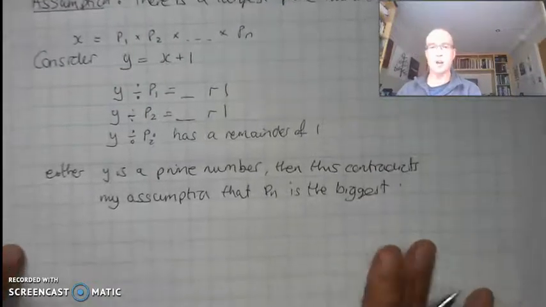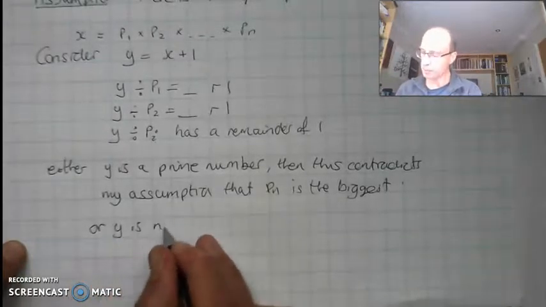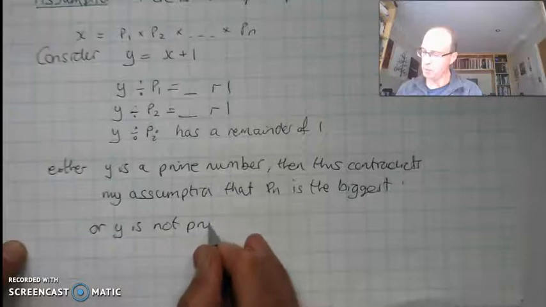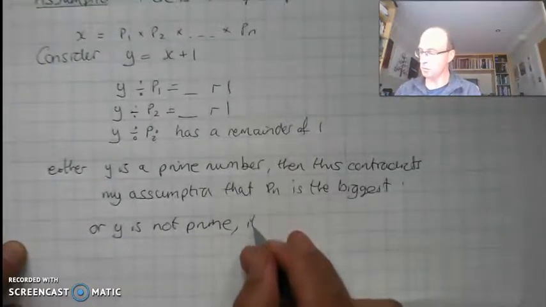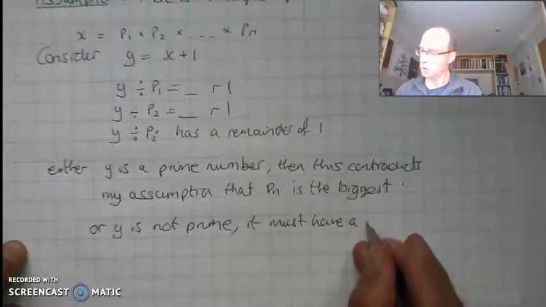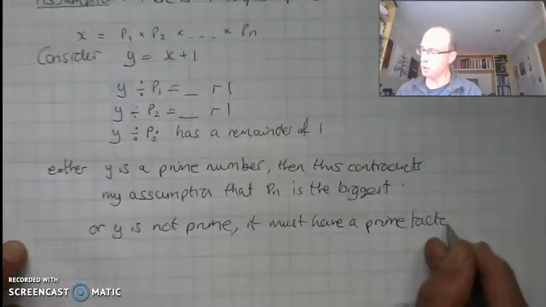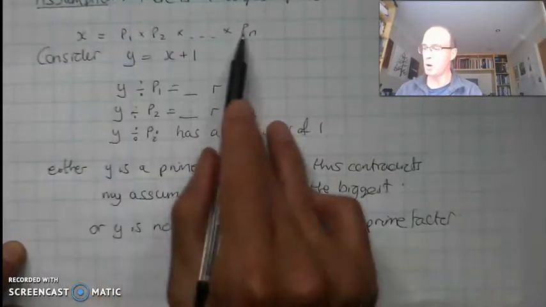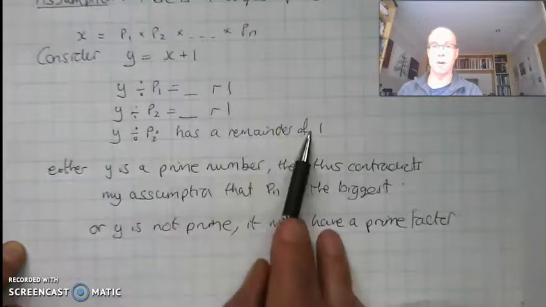Or y is not prime. So if it's not prime, it must have a prime factor. Well, we know that all of our prime numbers that we're aware of so far, P1 through to Pn, are not factors. They've got a remainder of 1.